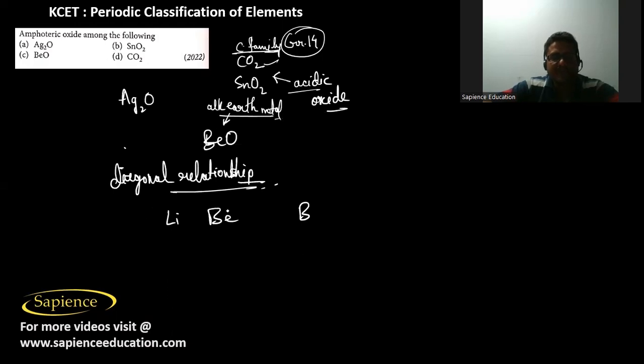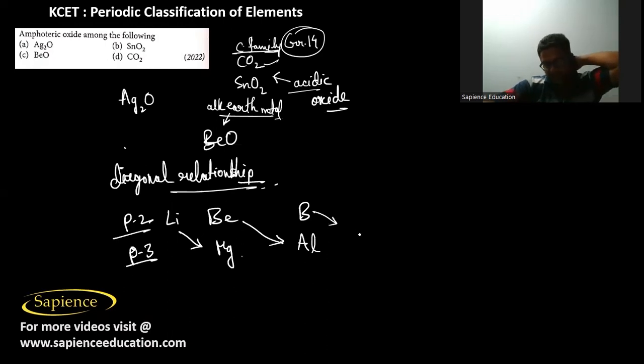The diagonal relationship means that the elements in period 2 are similar in their chemical properties to the elements of period 3 in the next group. It means lithium has similar chemical properties with magnesium, beryllium has similar chemical properties with aluminum, and boron has similar chemical properties with silicon. So it is called the diagonal relationship.